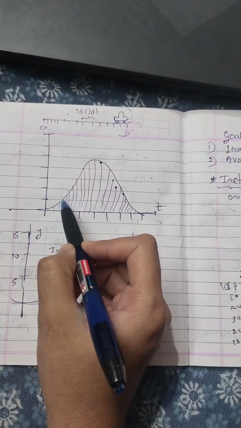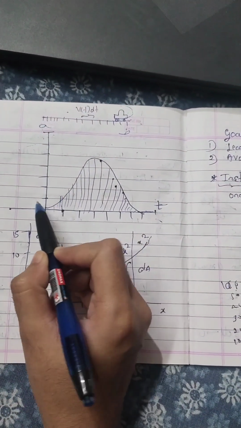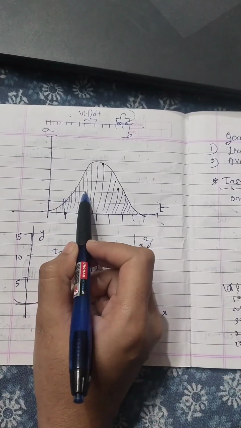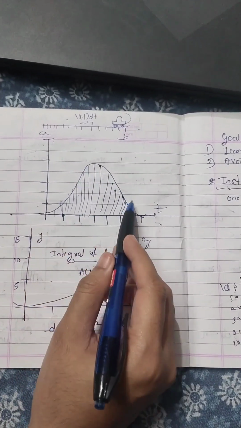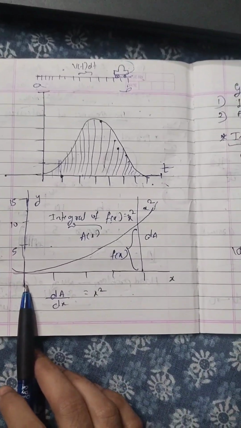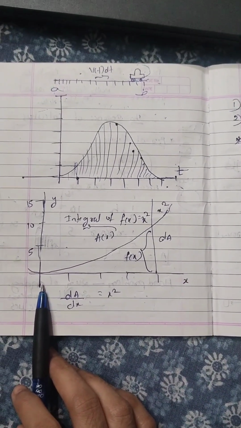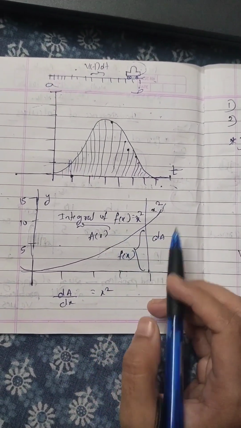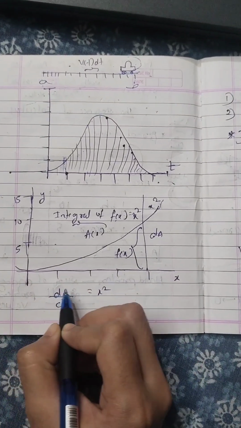Sometimes the time is this, speed is this, distance, time, distance, like this. It will go from A to B.